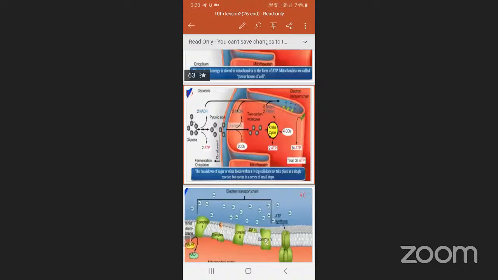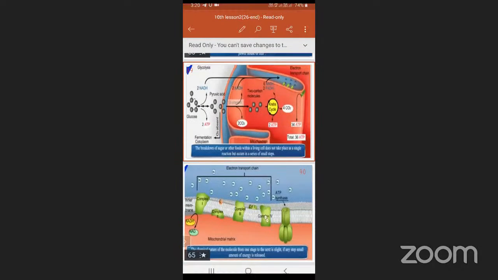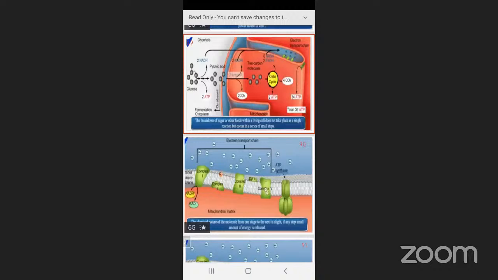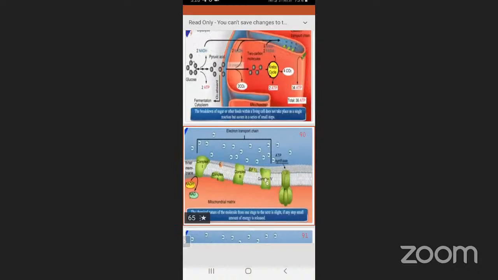See how many steps there are here, step by step. Like this, in series, step by step, the reaction takes place.